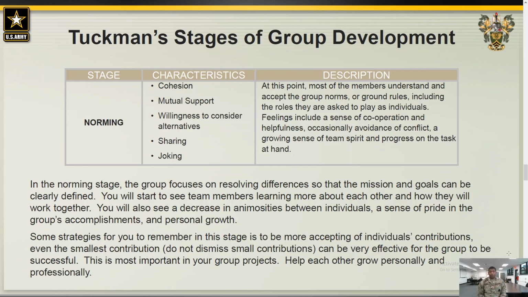We have mutual support. We also have a willingness to consider others' alternatives or ideas. We understand where we are in our soldier circle, so to speak, and what our role is. And we also understand the ground rules that are set forth already. So we're at the point where we can start making progress with each other and we can actually start joking and maybe sharing personal information.